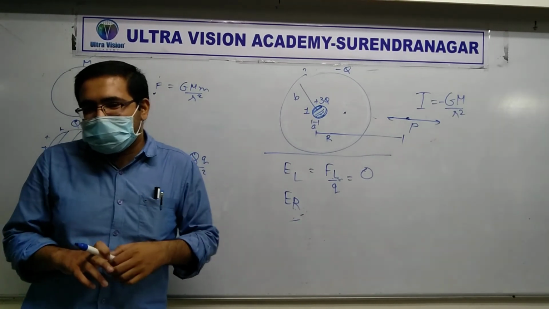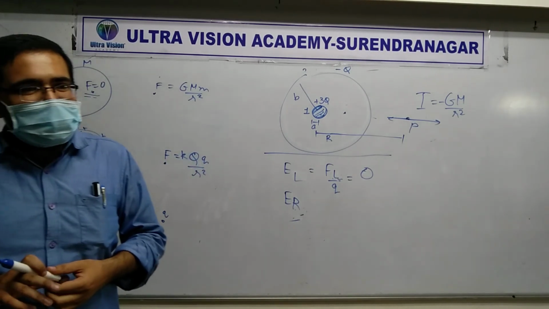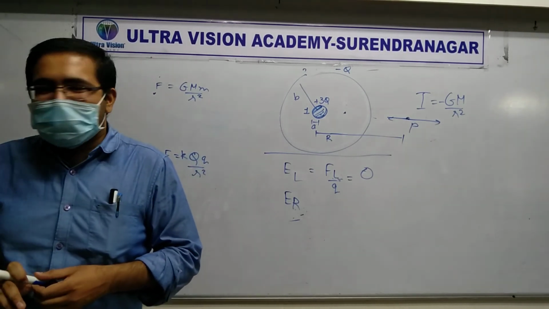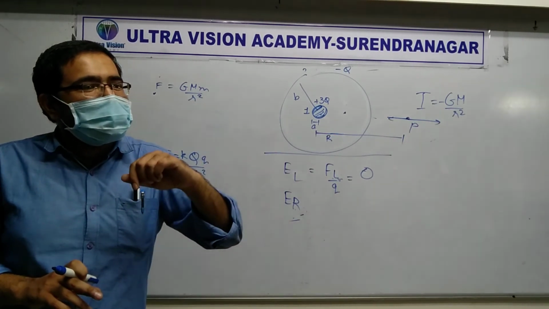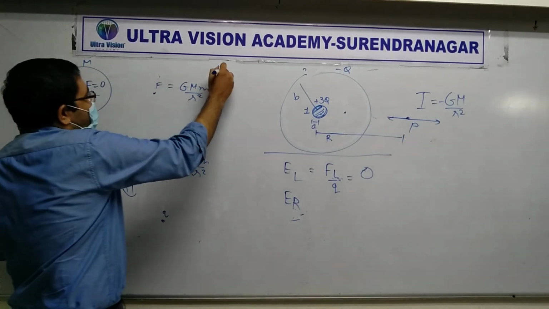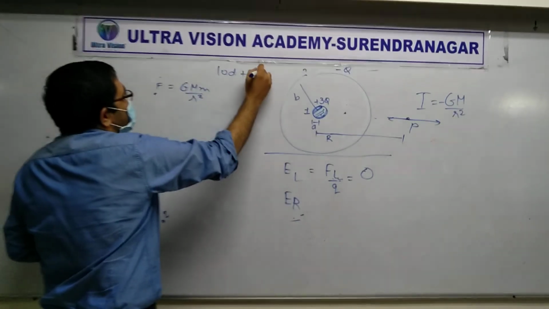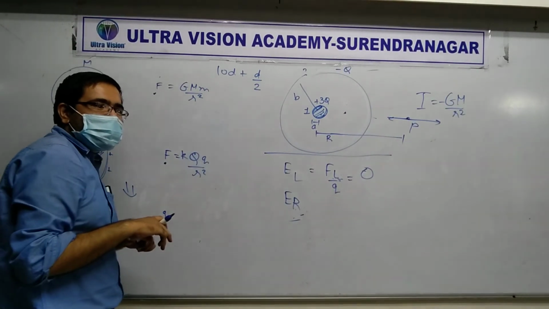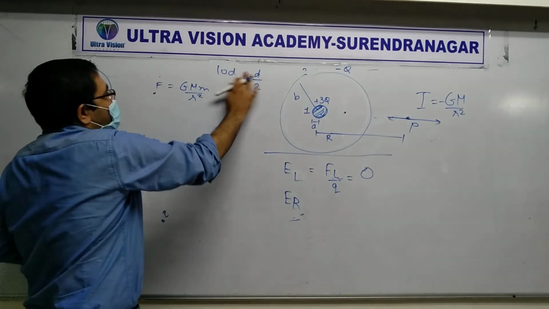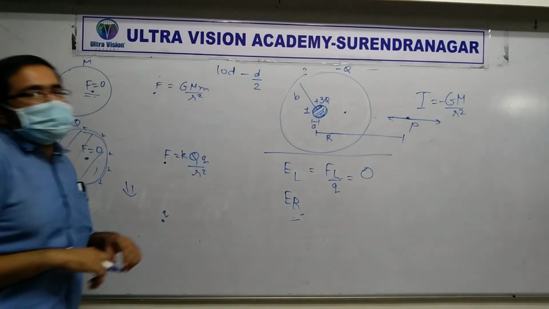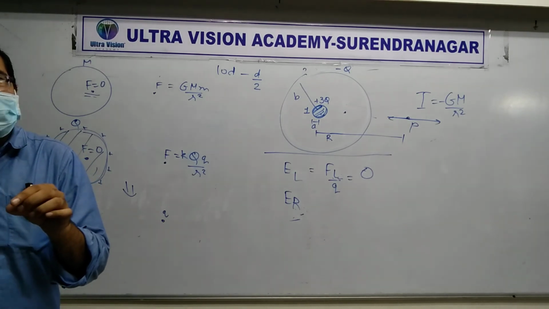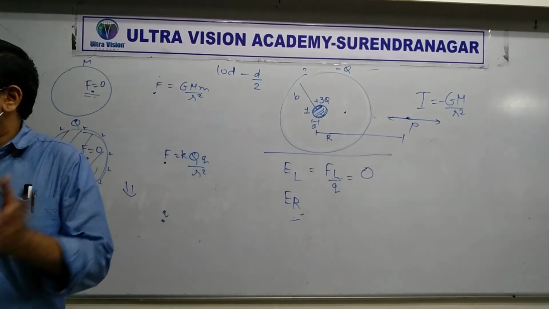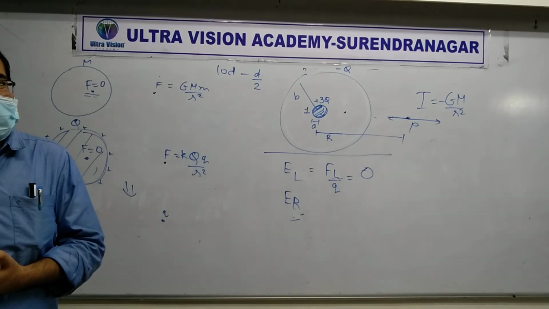How much will the distance be? 10d? 19d by 2. Basically, it will be 10d plus d by 2. Sorry, you are right. Okay, 10d from center to center, plus d by 2. Clear? So it will be 19d by 2.